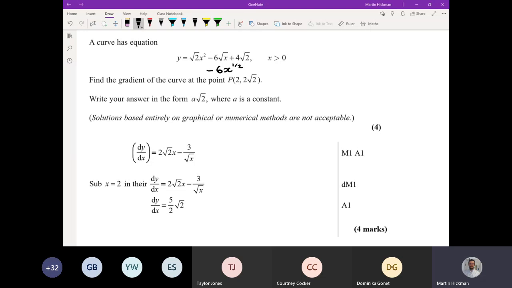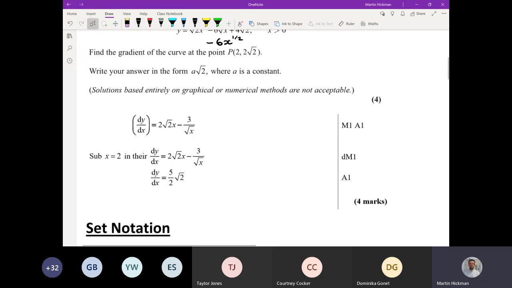The fact that y equals 2 root 2 at that point is kind of irrelevant for this question, because we're differentiating with respect to x, it's the value of x that we need to substitute in here. So we substitute in x equals 2. Just the attempt to do that gets you a mark, and then you should end up with 5 over 2 root 2. So it wants it in exact form here, where you give that value of the constant a. So 5 over 2 would be the constant.